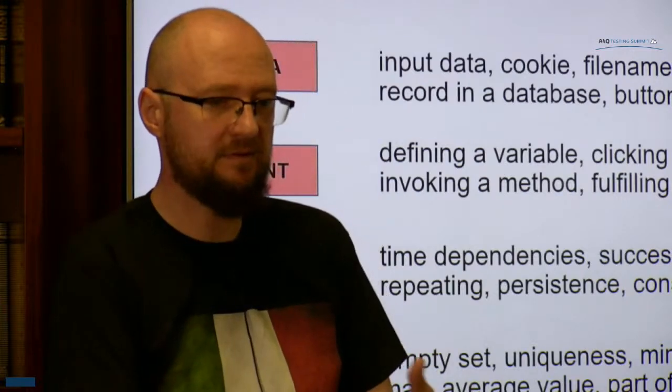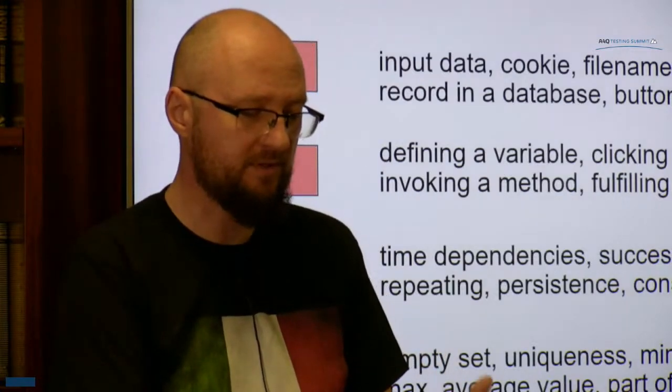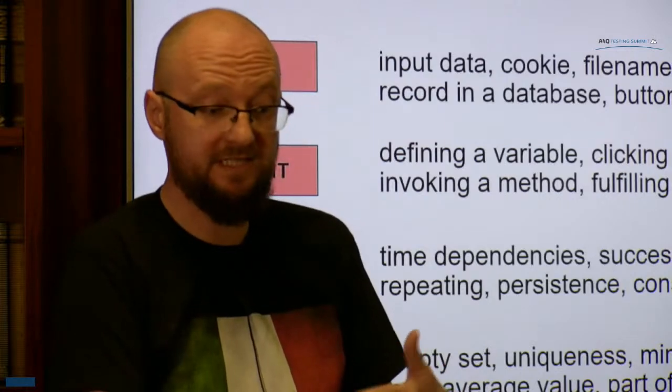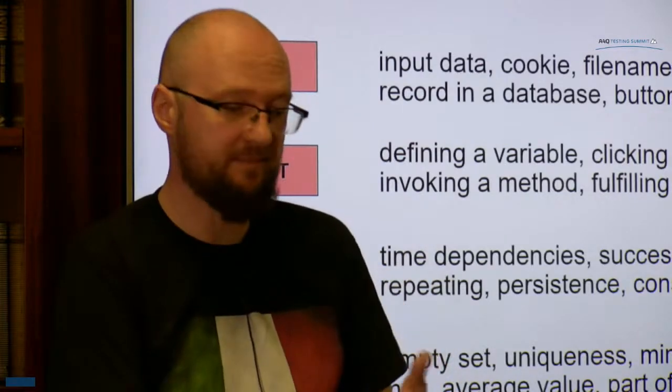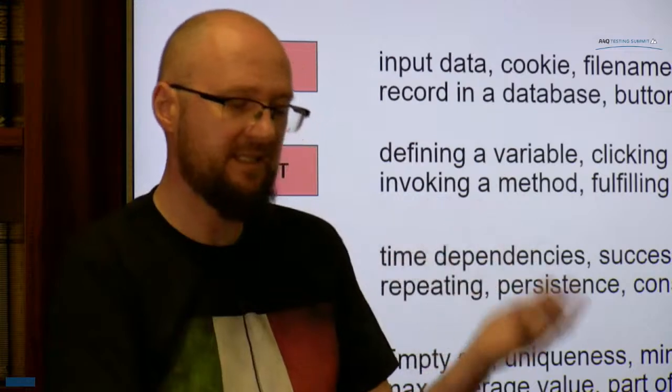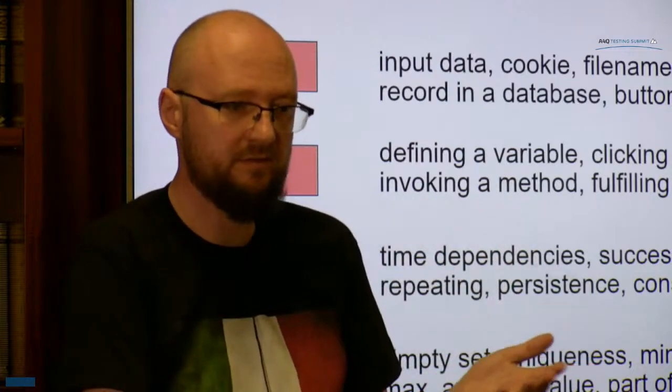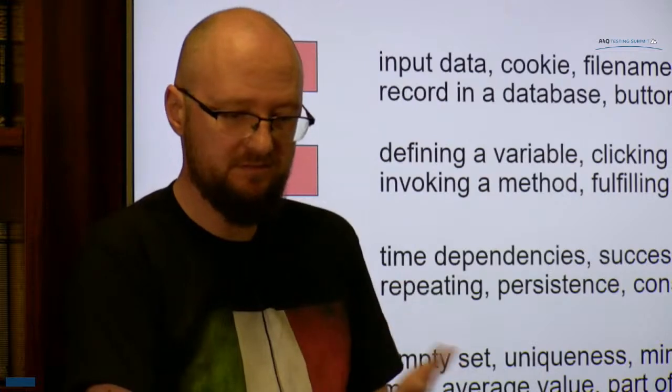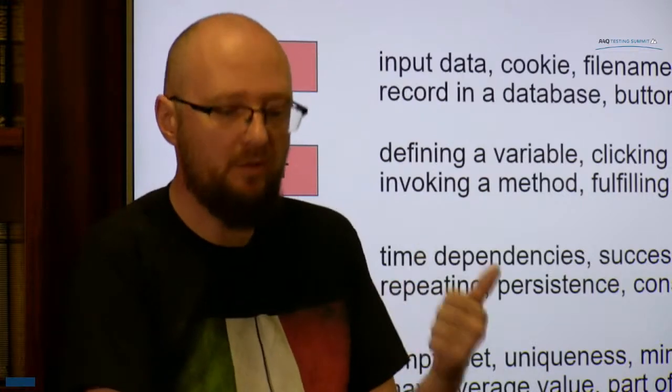And then we have the fourth dimension, the fourth characteristic, which is quantity. So we can describe quantity with the concepts of emptiness, like an empty set, a set which contains nothing. There is some uniqueness, something is in one copy only.